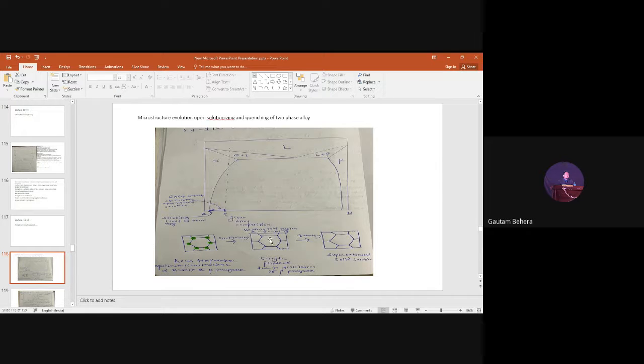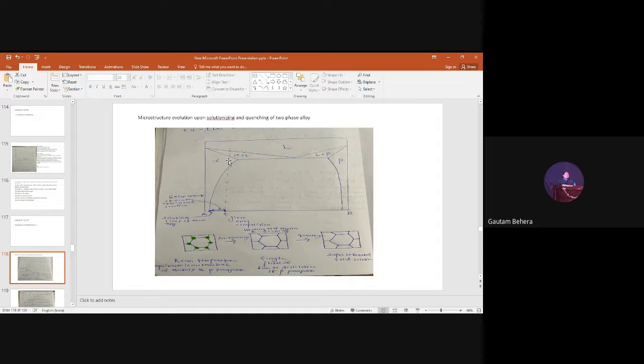So now you are quenching it. So what is the resulting microstructure? It is again the same microstructure. Again, it is a solid solution. There is no second phase after quenching. That means I will quench from this temperature to room temperature, for example. Here, first I take the sample to this region, and I have to hold it.